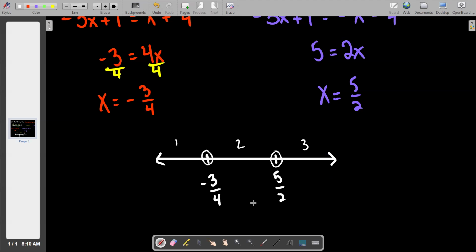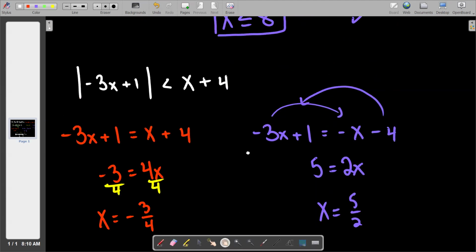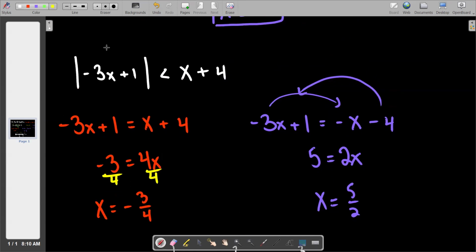So -1 is certainly a good number to test for region 1. We're going to go up here, as always, to where these little arrows are pointing, and change them into -1s. So inside the absolute value, what's -3 times -1? +3 plus 1 is 4, and the absolute value of 4 is, of course, 4.